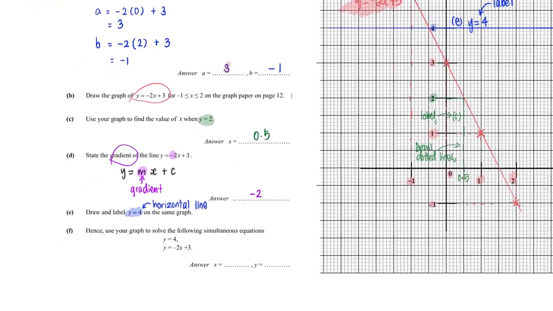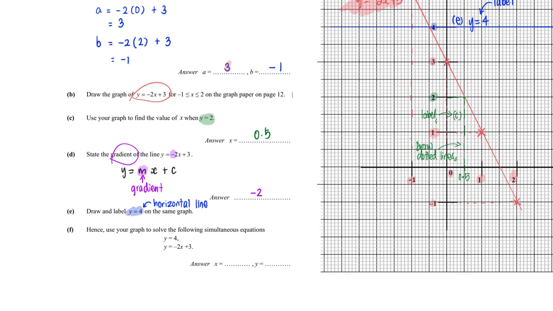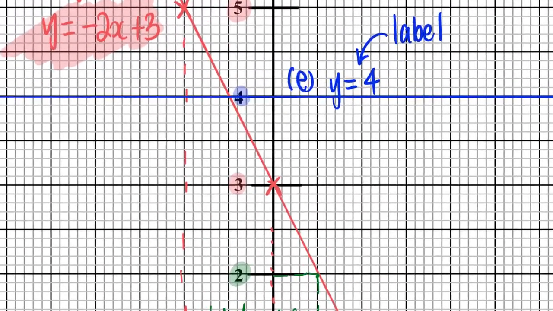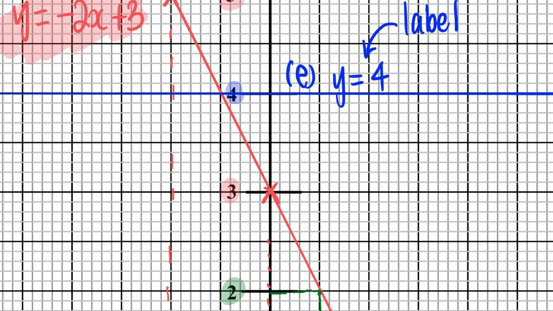Okay, use your graph to solve this equation which we have drawn. y equals to 4. We have also drawn y equals to negative 2x plus 3. So what is the answer here? Well, do you see that these two graphs or these two lines happen to intersect here? This is the intersection point, and this point will be the answer.